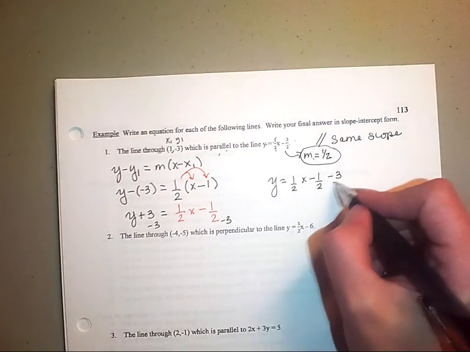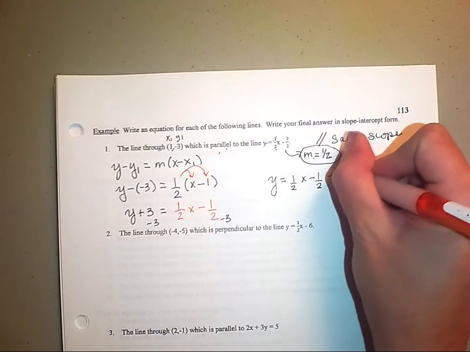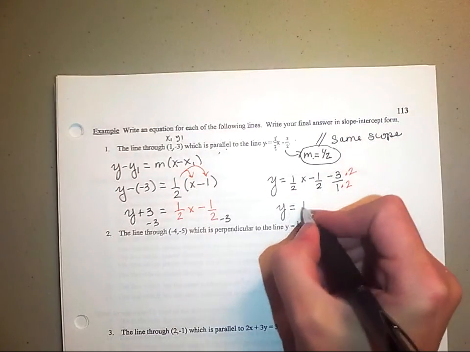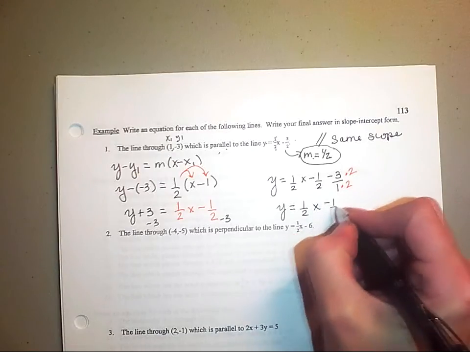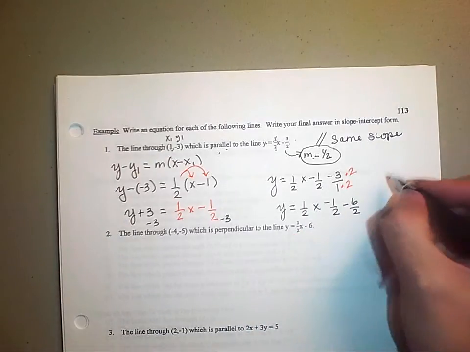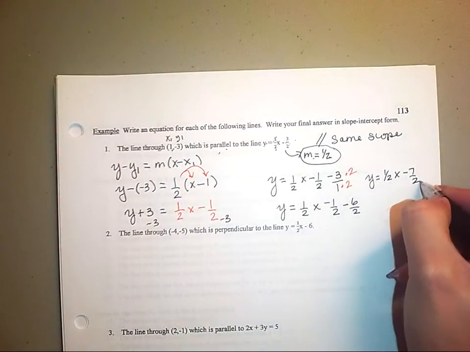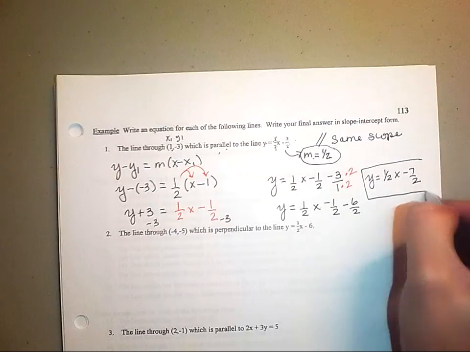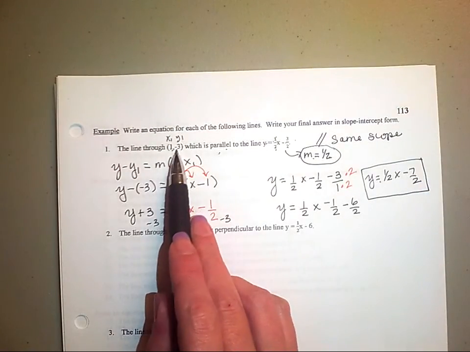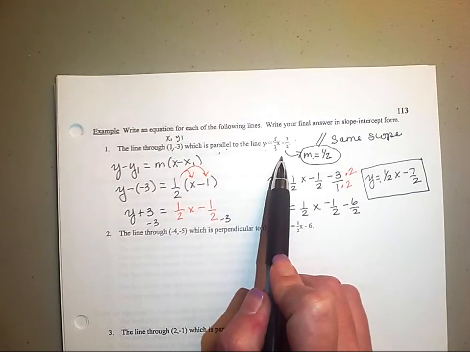Now these are like terms, so we need to combine them, and if we're subtracting with fractions, we need a common denominator. So y is equal to 1/2 x minus 1/2 minus 6/2, or y is equal to 1/2 x minus 7/2. So this is a line that passes through the point 1, negative 3, that is parallel to the line we were given.